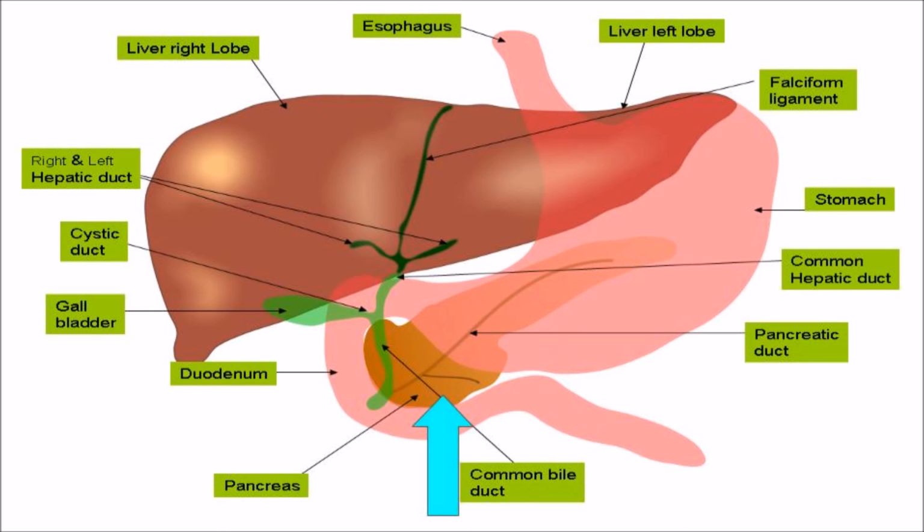The pancreas is a glandular organ and is located behind the stomach. The pancreas produces pancreatic juices, which contain enzymes to digest food. The pancreatic juices enter the duodenum through the pancreatic duct.